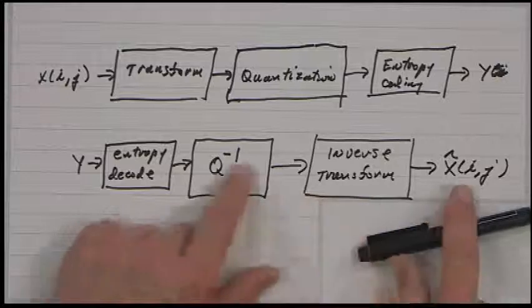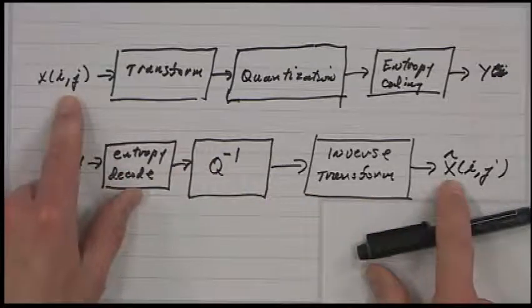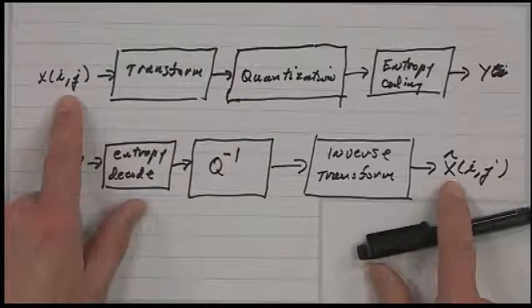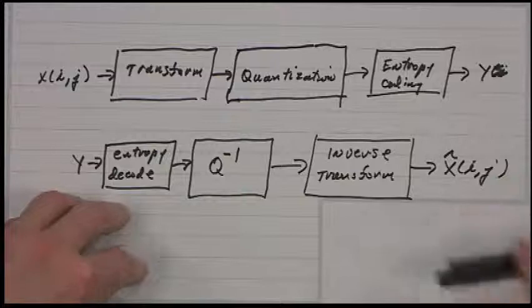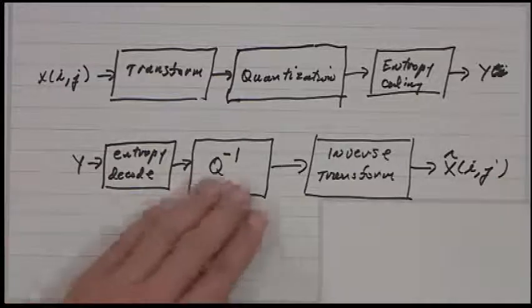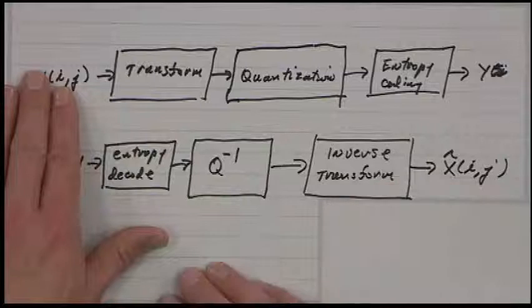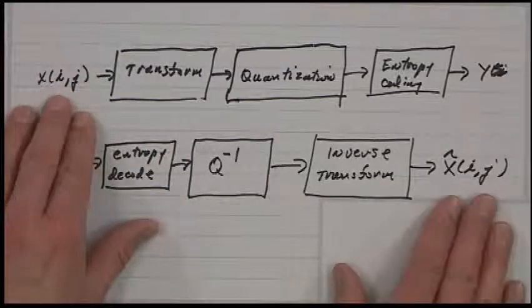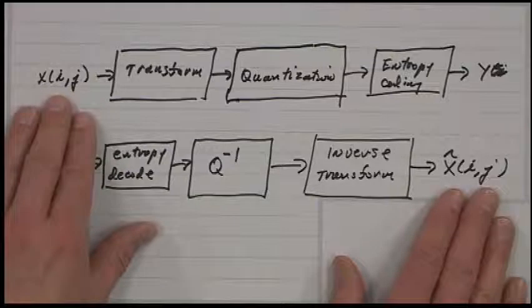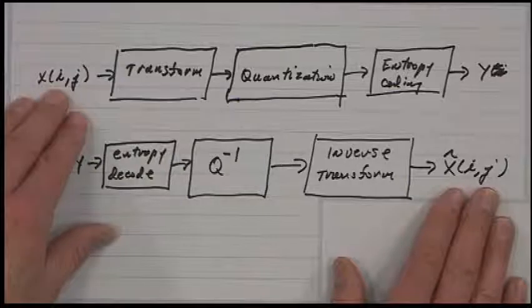So in that case, the input and output are not exactly equal, but they're equal to within plus or minus 1 or 2 quantization levels. So it's called nearly lossless. Lossless means that you get exactly the same thing out bit for bit as you put in. Lossy means that you have some quantization and then the output is not equal to the input, but you try to design it so that at a particular bit rate you get the best quality possible.